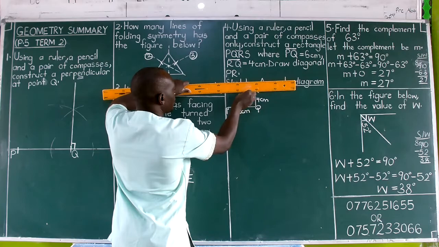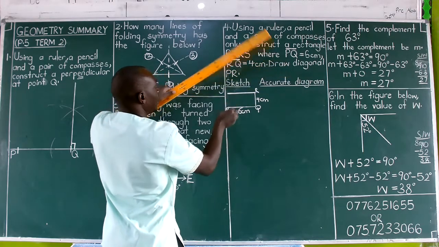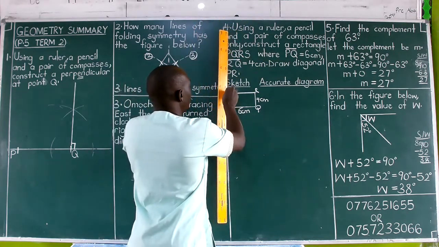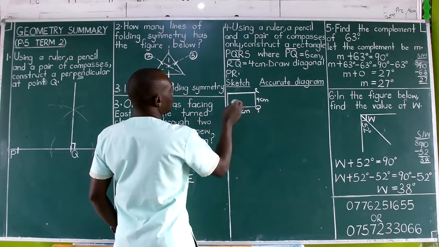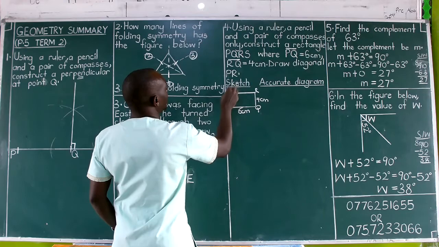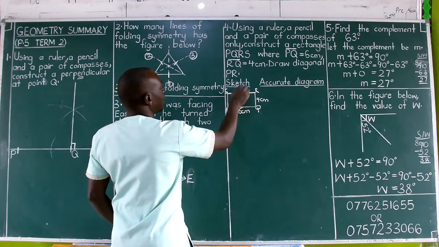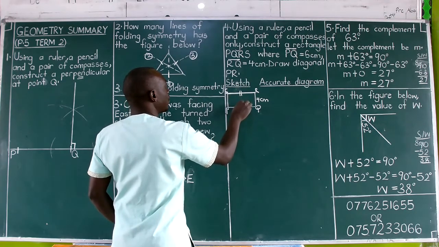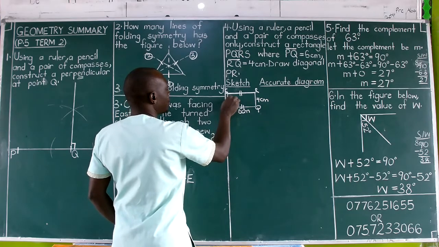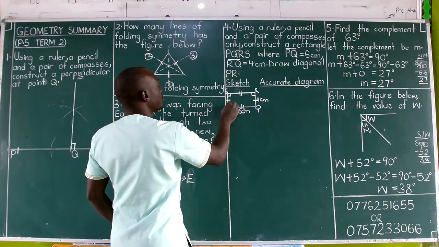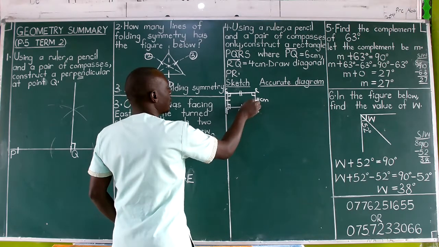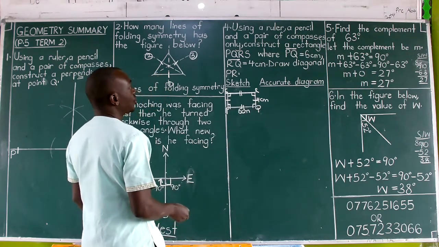This is equal to that, and then we join here to complete the rectangle. It's called PQRS, and 2 opposite sides are equal. All angles are right angles, they are 90-degree angles, and that's the sketch.